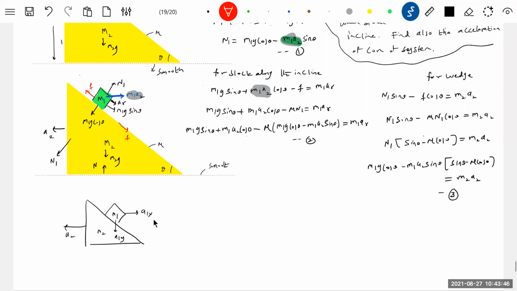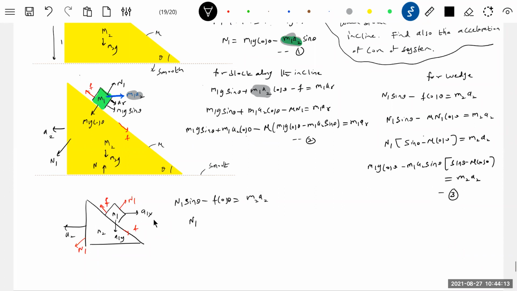What are the forces acting? This is very important. N1, friction. In the simplest way, can we write N1 sin theta minus F cos theta equals M2 A2? N1 sin theta minus F cos theta equals M2 A2.